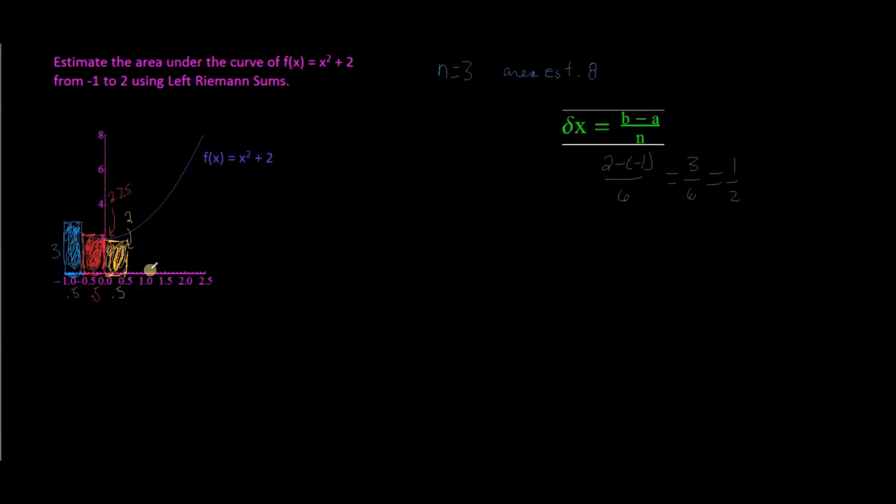Alright, do the same thing here. Width of 0.5. Our height starts here. So this is our next rectangle with a width of 0.5, and this height is the function evaluated at 0.5, which is again 2.25.